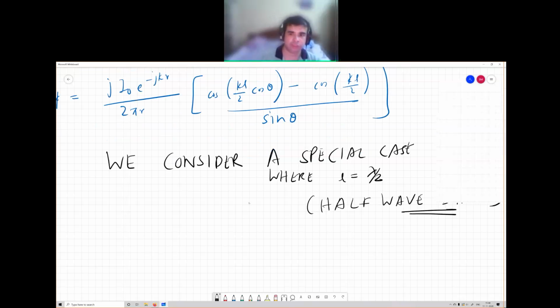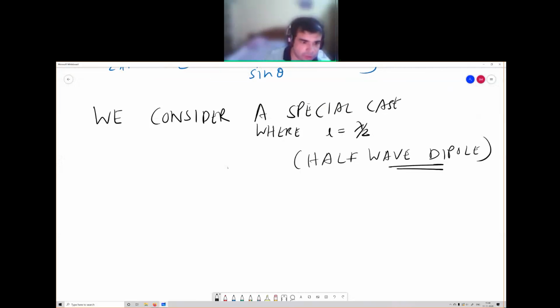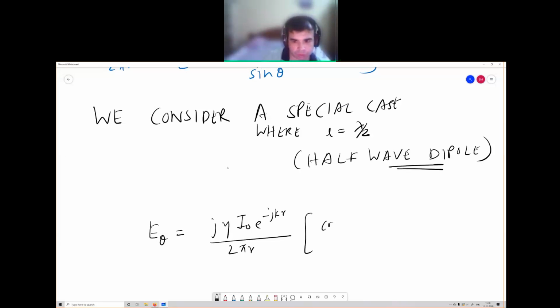For it, if we simply put L equal to lambda by 2 in the expressions, E theta equals j eta I0 e to the power of minus jkr by 2 pi r, cos of pi by 2 cos theta by sin theta.